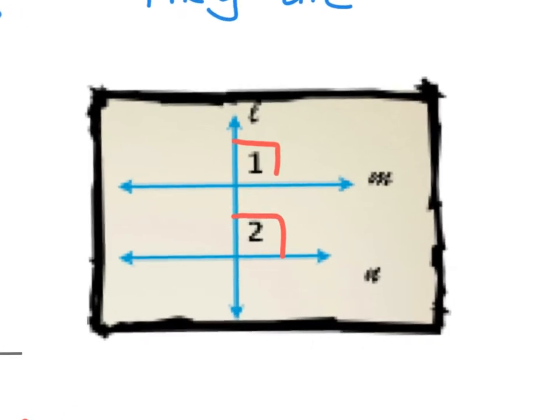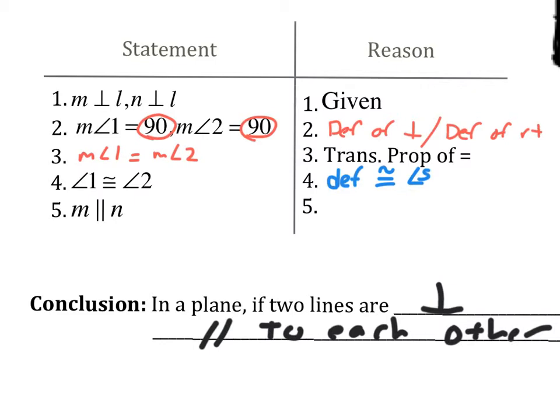What's their relationship? What's the name of their relationship? They are corresponding angles. So you can either say corresponding angles converse, or you could say corresponding angles are congruent, therefore parallel lines. You could summarize it, or you can say if two lines are cut by a transversal and corresponding angles are congruent, then the lines are parallel.